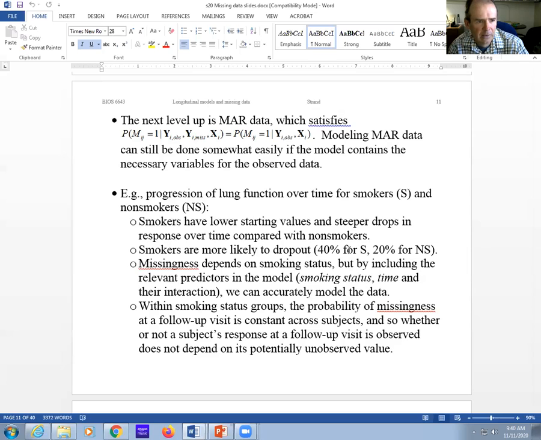So the missingness depends on smoking status, but by including the relevant predictors, we can accurately model the data. We're not going to be affected by the fact that the dropout rate was different between the smoking and non-smoking groups, because now we're focusing on those specific strata for our estimates.